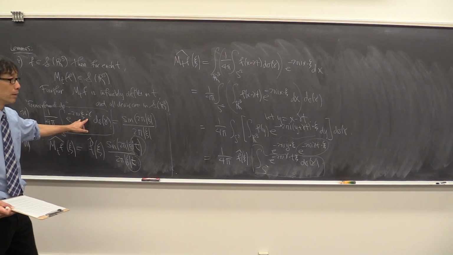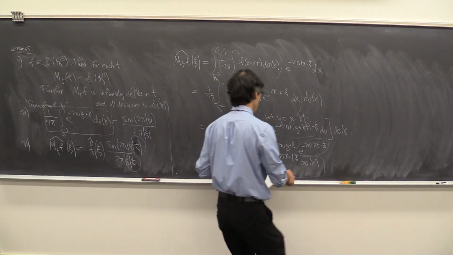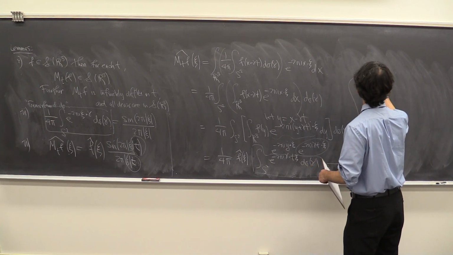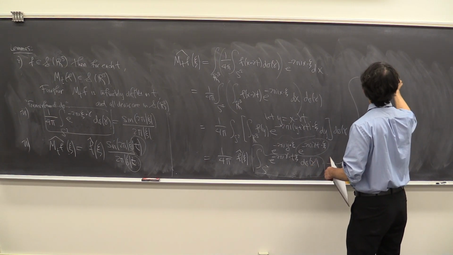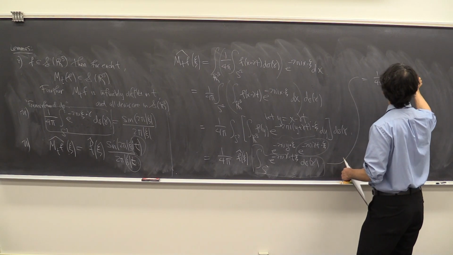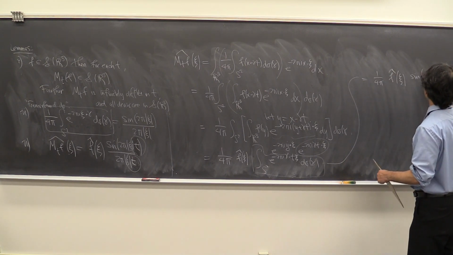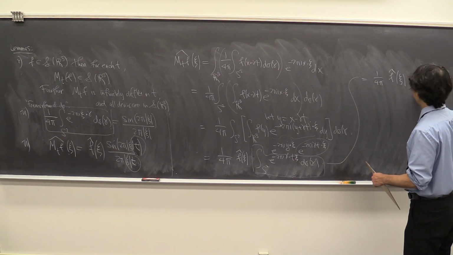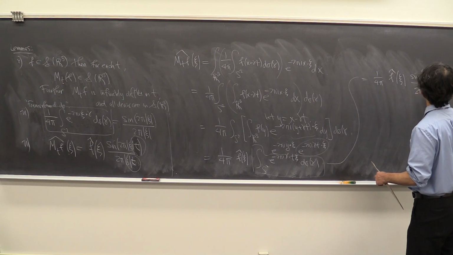So this turns into 1 over 4 pi, f hat at c, sine of 2 pi absolute value of c t over 2 pi absolute value of c.